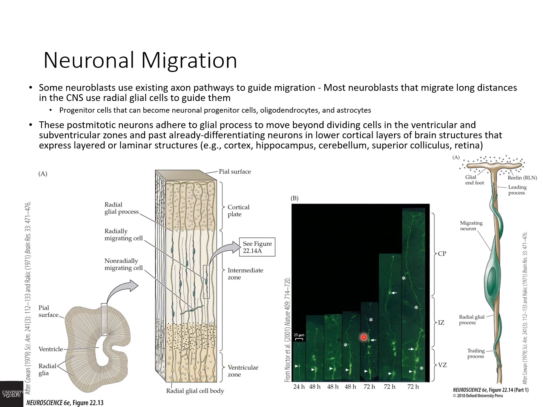And they use these processes to move beyond the dividing cells in the ventricular and subventricular zones and past already differentiated neurons in lower cortical areas of brain structures that express layered or laminar structures like the cortex or the hippocampus or the cerebellum, etc.